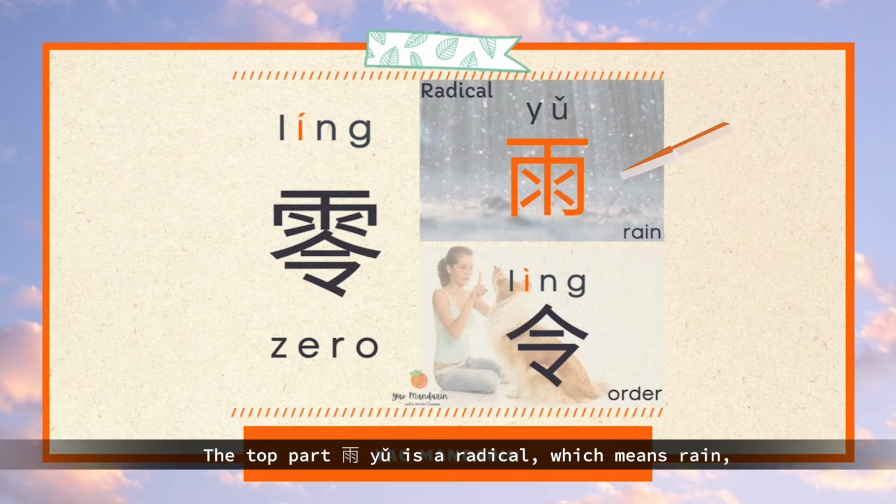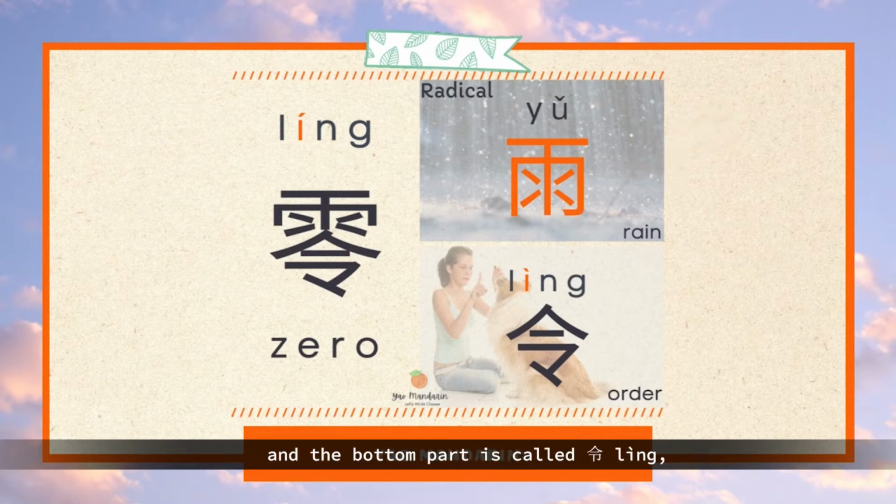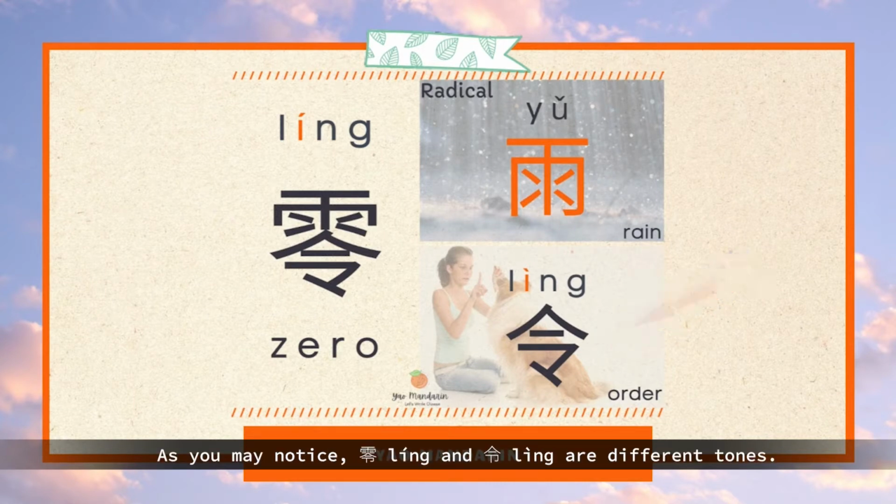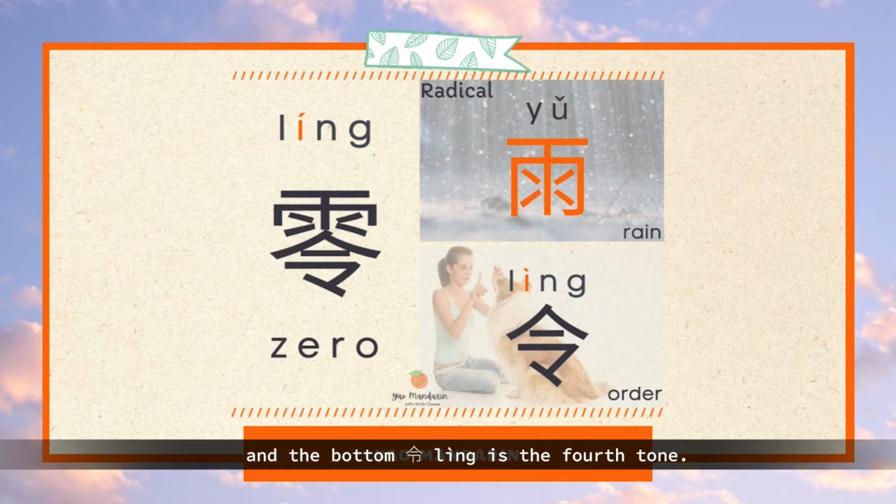The top part, 雨, is a radical, which means rain, and the bottom part is called 令, which means to order or command. As you may notice, 令 and 令 are different tones. 令, 0 we are talking about, is the second tone, and the bottom 令 is the fourth tone.